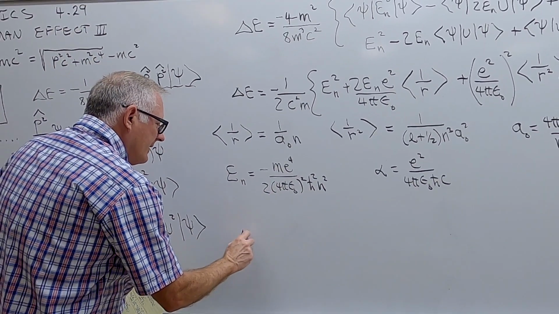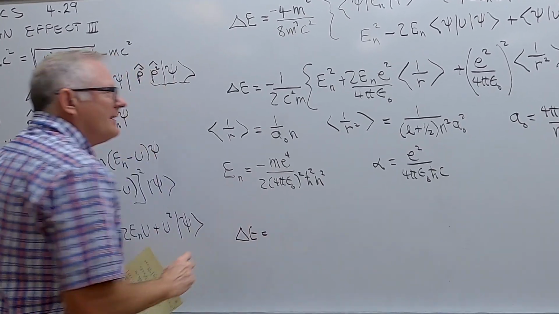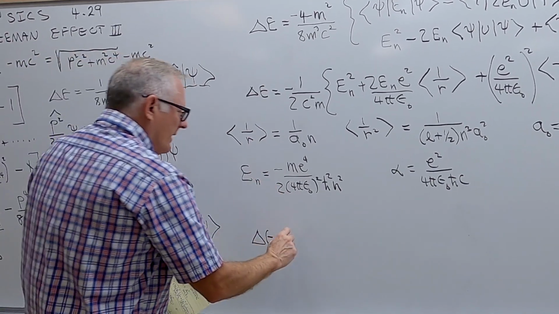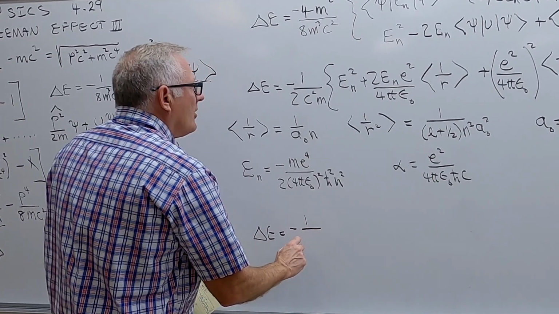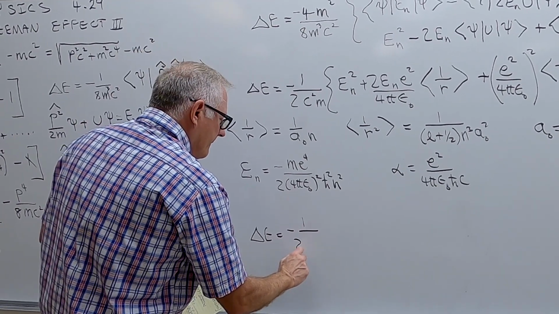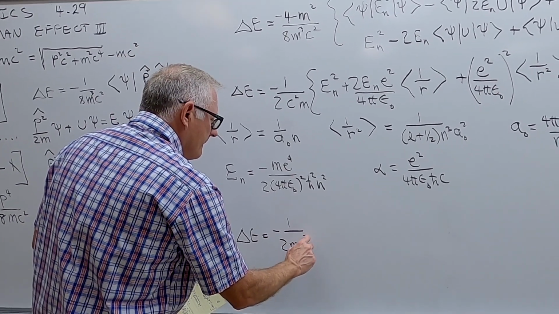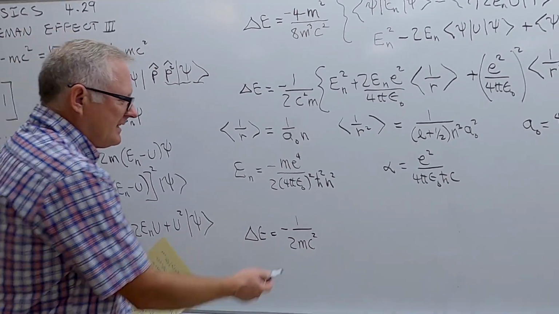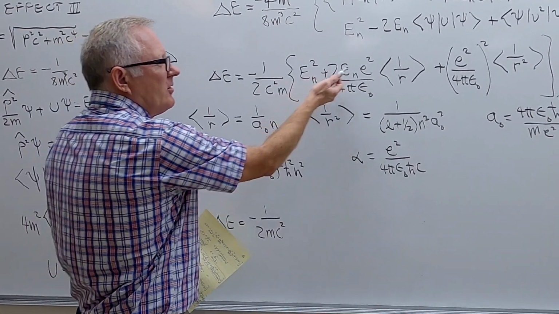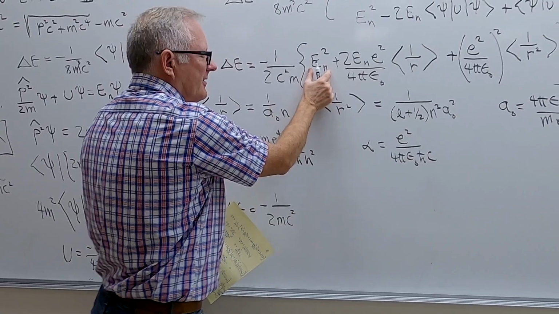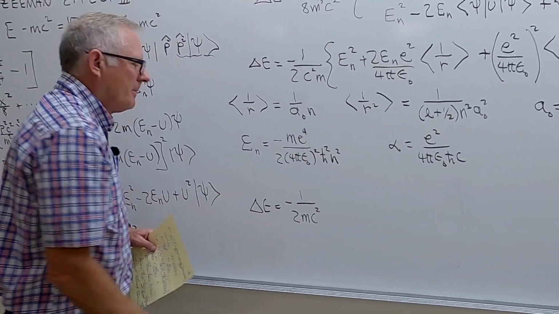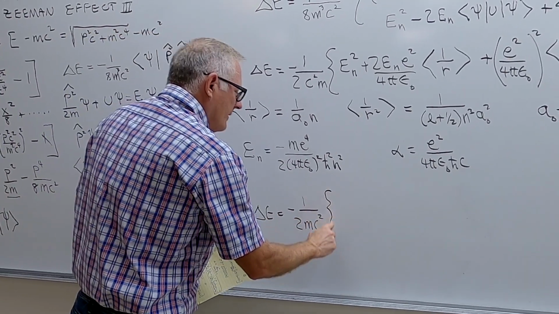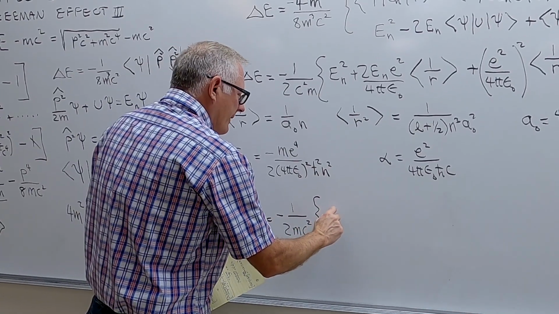The delta E is equal to minus 1 all over 2 mc squared. You'll notice this has units of energy, but these all have units of energy squared. You notice there's an energy squared. So you're left with an energy. And we're left with E sub n squared.